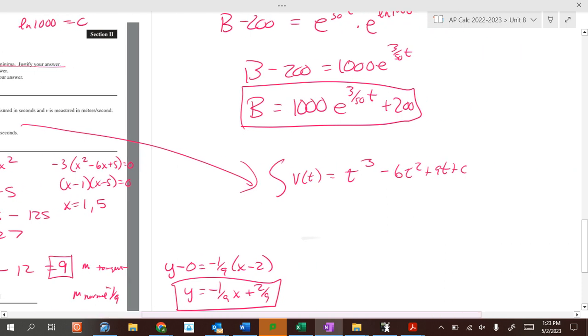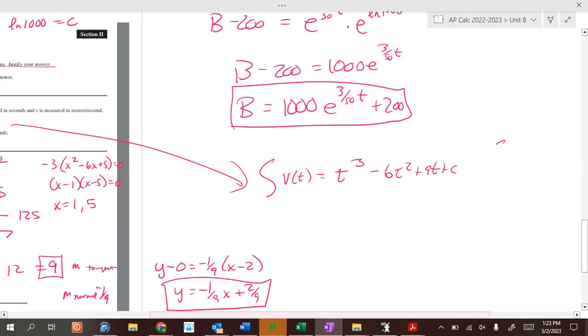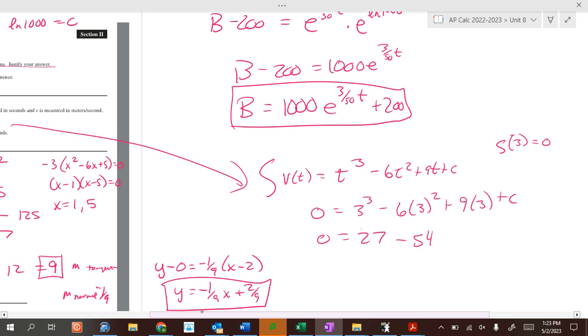If s of 3 equals 0, then 0 is equal to 3 cubed minus 6 times 3 squared plus 9 times 3 plus c, so 27 minus 54 plus 27 plus c.